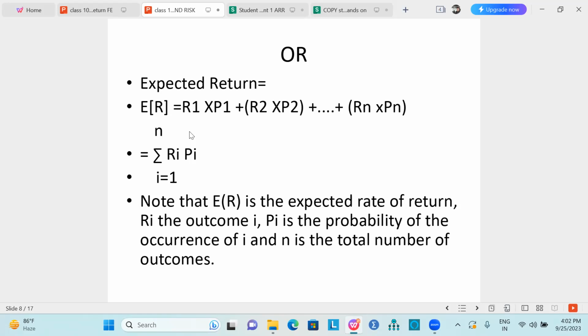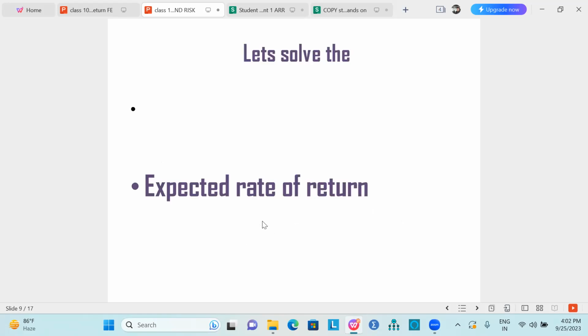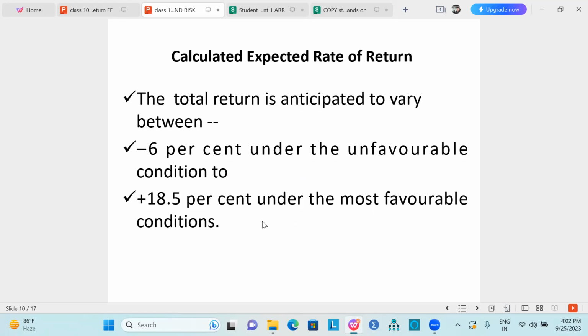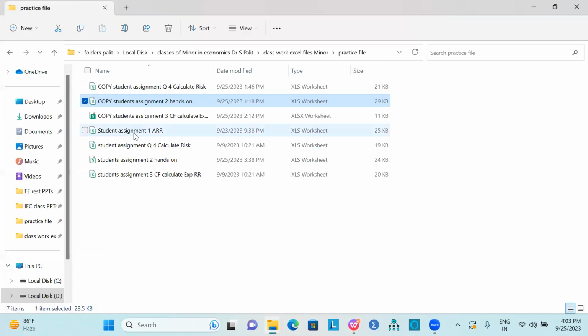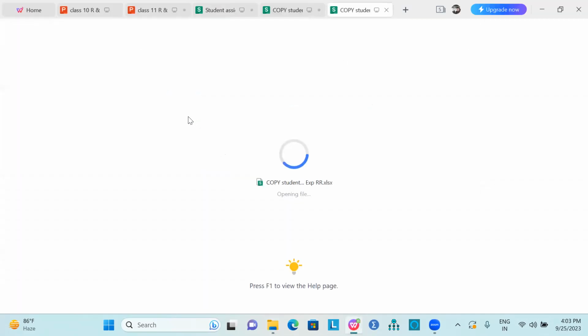Have you written till here? Yes, ma'am. Okay, so let us proceed. Let's solve. For that, you go to your hands-on session number 3.